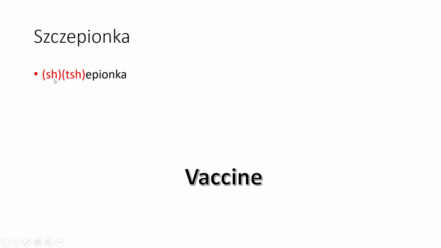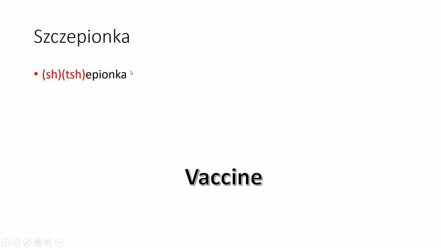Here, szczepionka. SZ, sh, CZ, ch. So sh, ch, epionka. Szczepionka. A way that I used actually is, whenever you see S, Z, C, Z, you can just consider that there's only a T. Like you consider this as if it was T only.